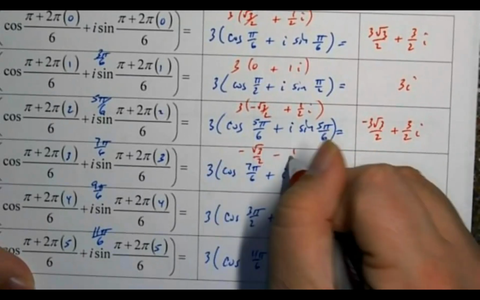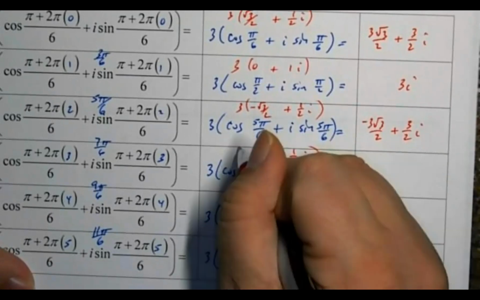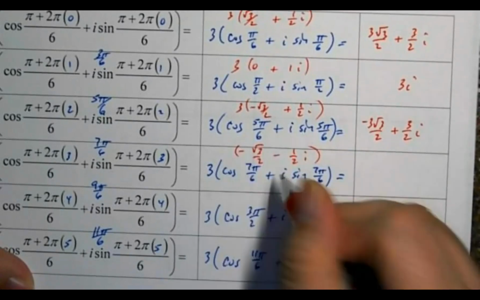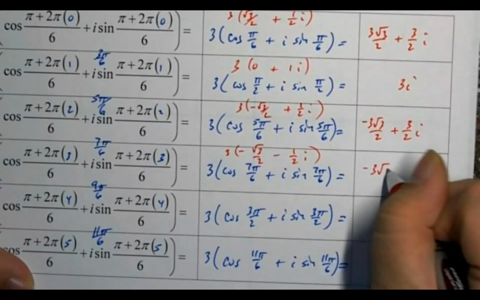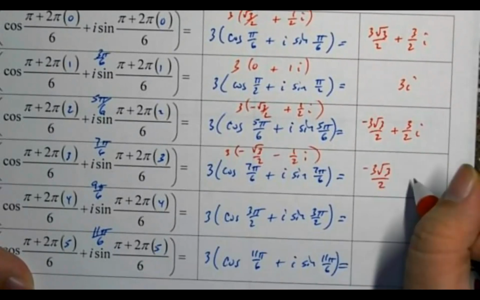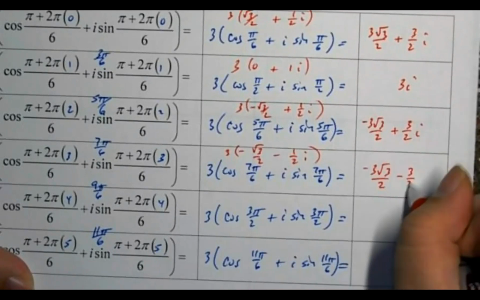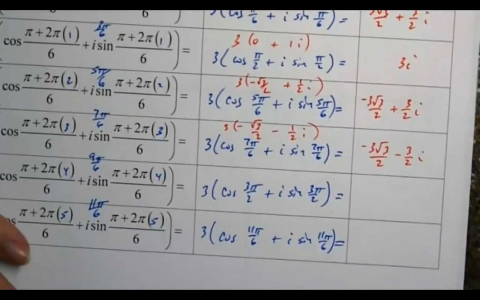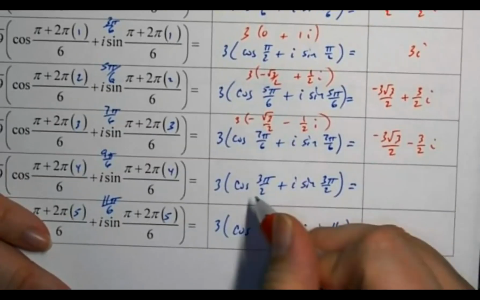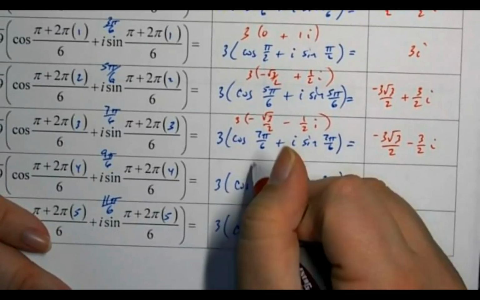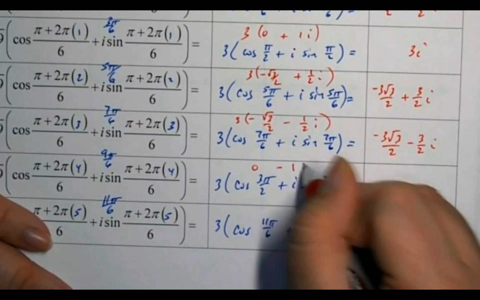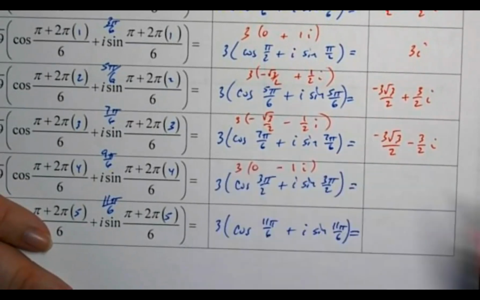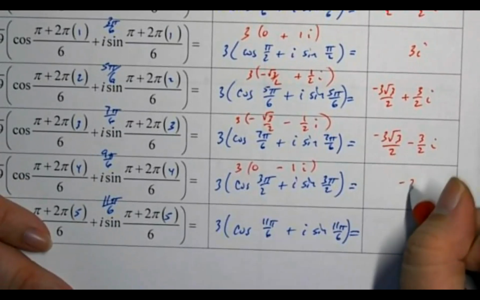Sine is negative 1/2, so there's negative 1/2 i. And we're going to multiply 3 times that. Negative 3 square root 3 over 2 minus 3/2 i. And now the cosine of 3 pi over 2 is 0. Sine of 3 pi over 2 is a negative 1 i. So distribute the 3, and I have this time negative 3i.